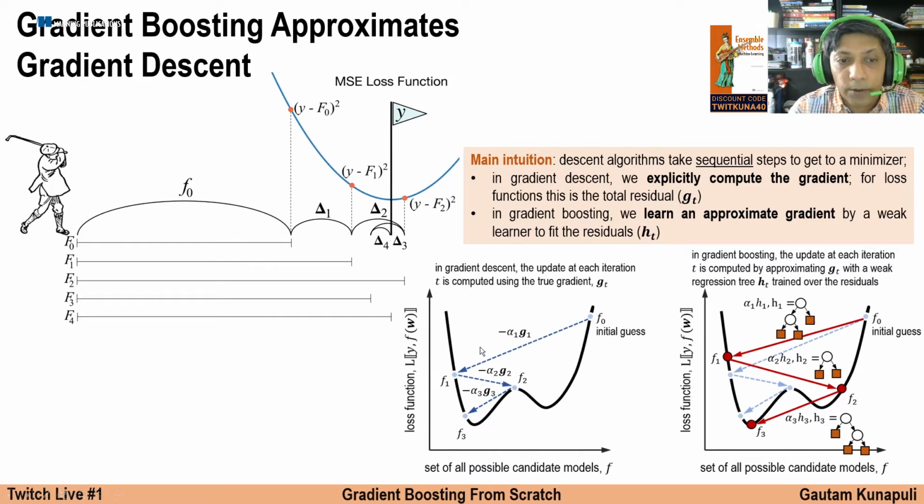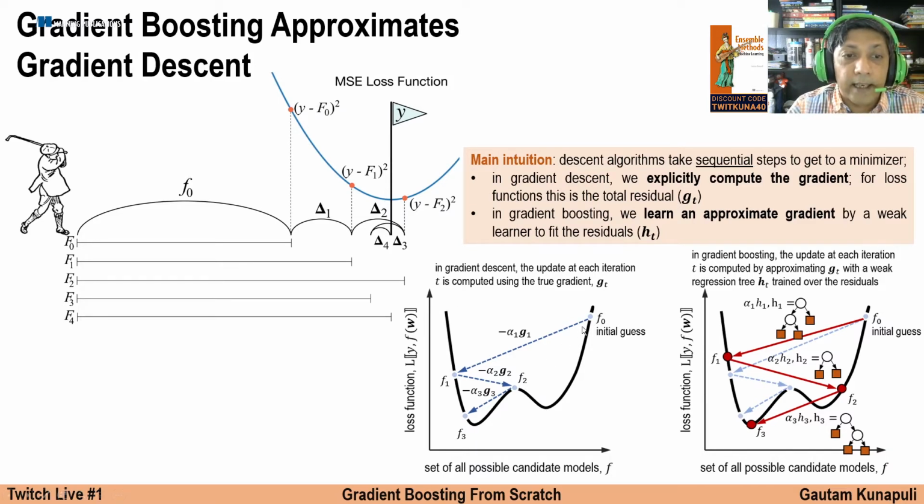At the bottom here, you can see an example function. What happens with gradient descent? This could be an example of a loss function, very similar to the squared loss. It's got two minima over here, so how does gradient descent work? You begin with some initial guess, and then you compute the gradient. The gradient basically is the slope at that point, right? But interestingly enough, the negative gradient is going to tell you which direction you should be going in so as to get the biggest decrease in your loss function.